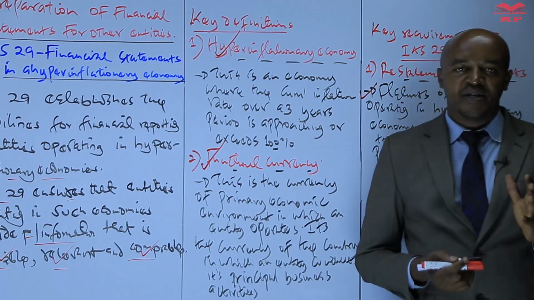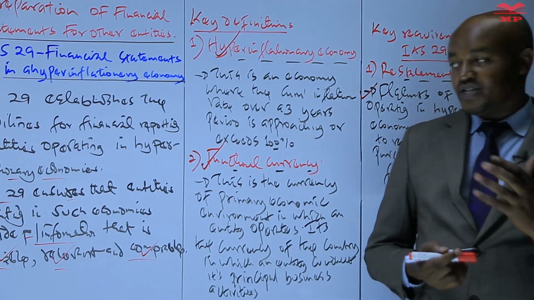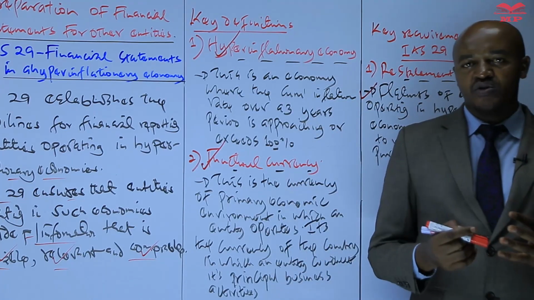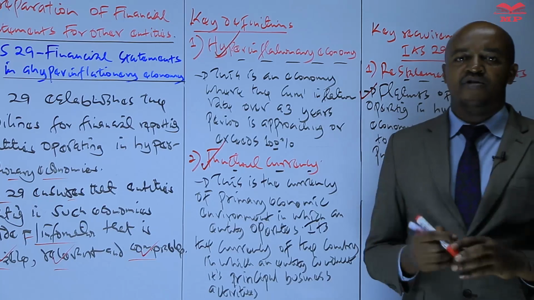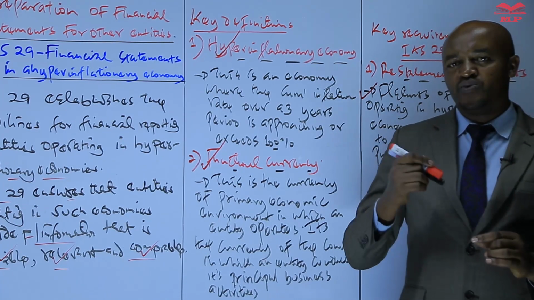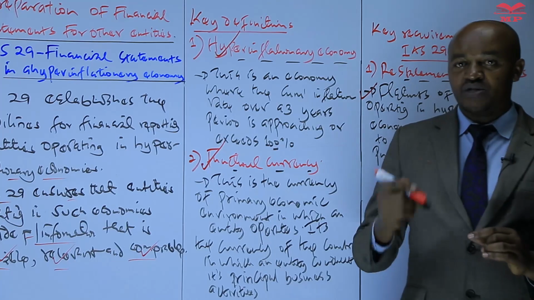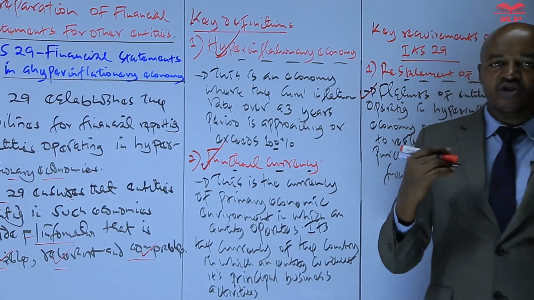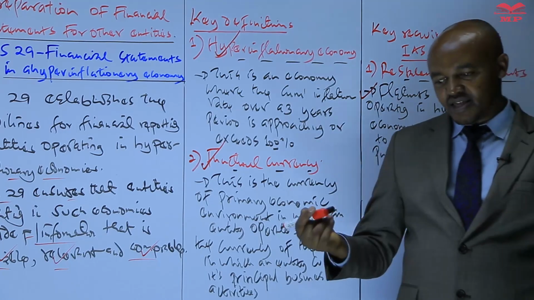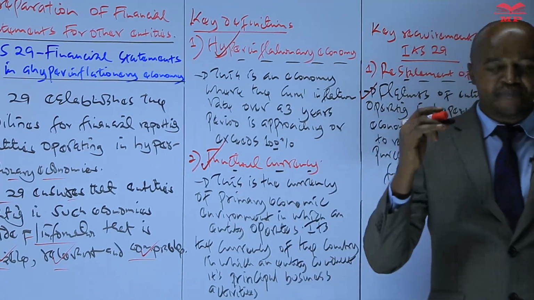On the other hand, this restatement involves adjusting the historical cost of the financial statement using a suitable price index in order to reflect the value of money. I've given a good example here.